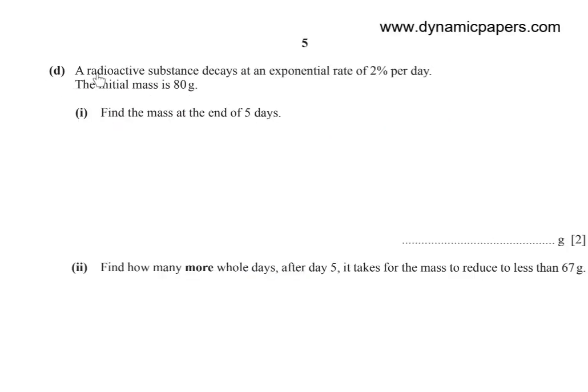Now part (d). A radioactive substance decays at an exponential rate of 2% per day. The initial mass is 80 grams. Find the mass at the end of 5 days. For exponential decay, we have a rule. If it decreased by a fixed percent, 2%, the new value equals the old value times (1 minus 2 over 100) to the power t. t is the number of days, months, or years, according to what is given.